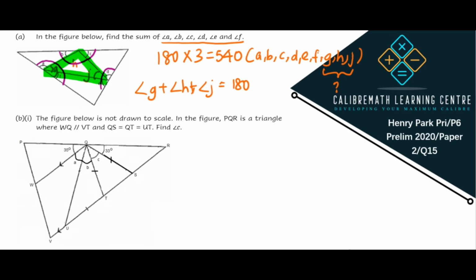Now once we know the sum of these 3 angles is 180 degrees, we can use 540 to take away the 180 degrees, and that gives us 360 degrees, which is the sum of angle A, B, C, D, E, and F. So the answer for part A will be 360 degrees.